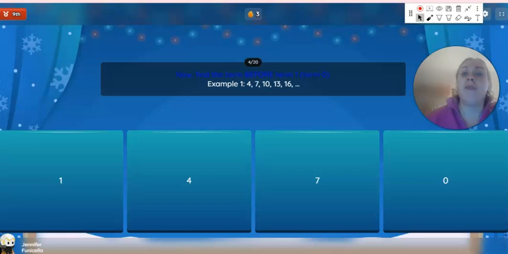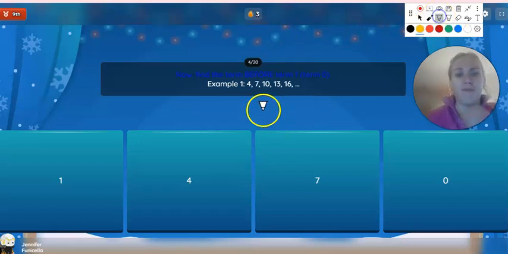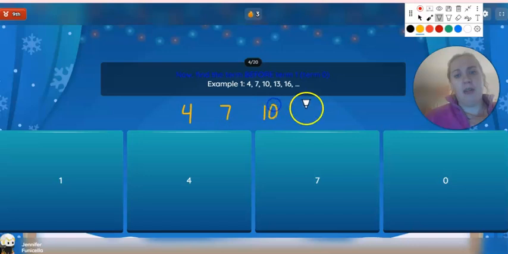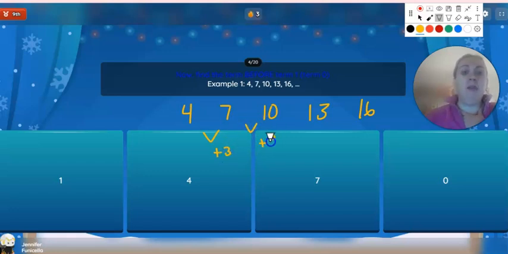Now find the term before term 1, and sometimes we call this term 0. So when we were looking at this pattern, we noticed it was going up by 3 each time. But if we want to go backwards, we need to subtract 3 to get that number that was before.